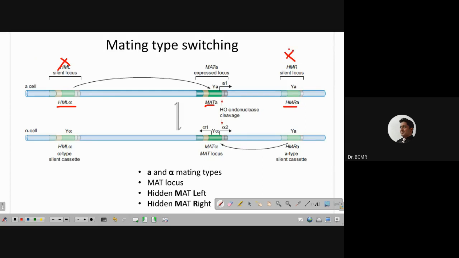Those genes are A. The only expressed region is called the MAT locus. And whichever genes are present, if A genes are here, then that cell will be A type. If alpha genes are in this location, then that cell will be alpha type. The question we are trying to answer now is, how does a cell that is A type switch to alpha type, or an alpha type switch to A type?